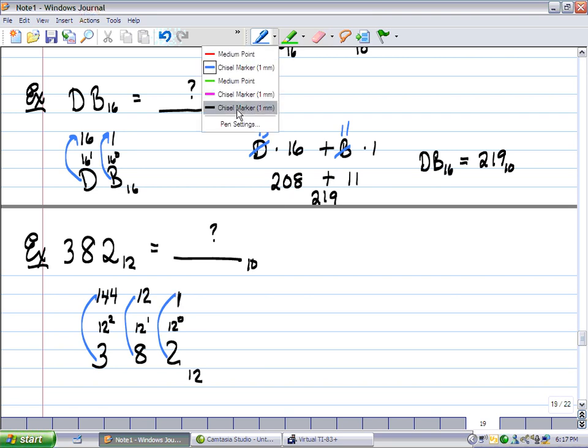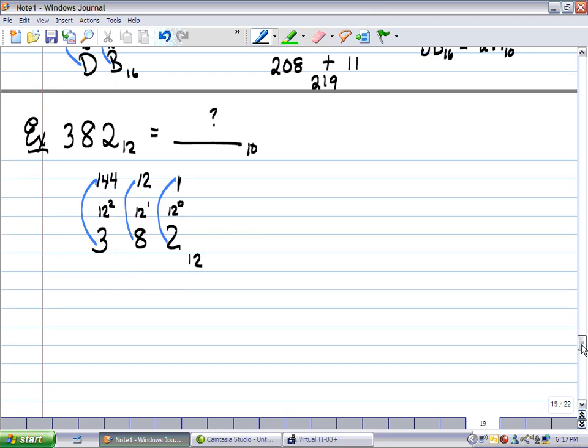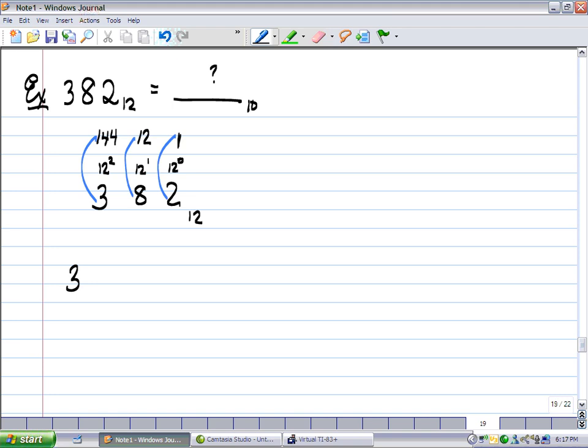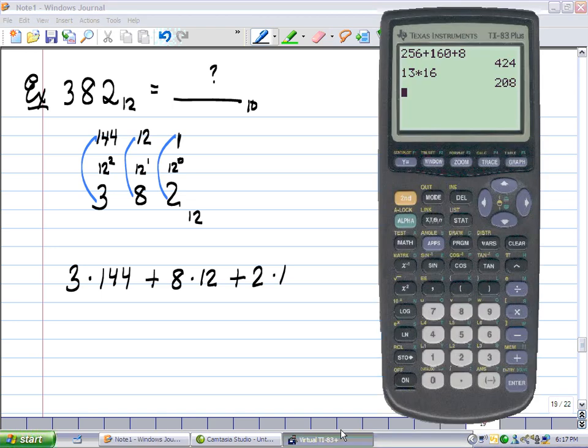And we'll multiply each of these by its place value. So 3 times 144 plus 8 times 12 plus 2 times 1.